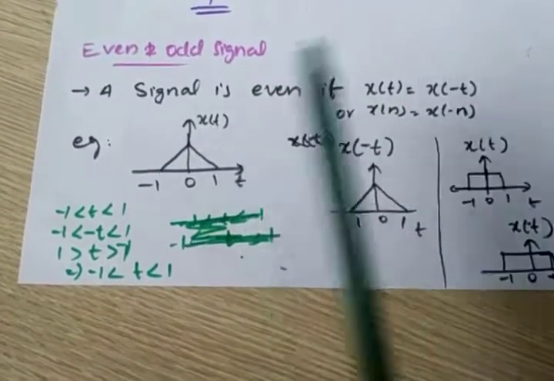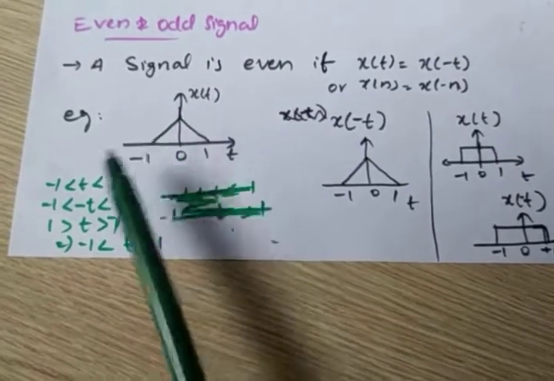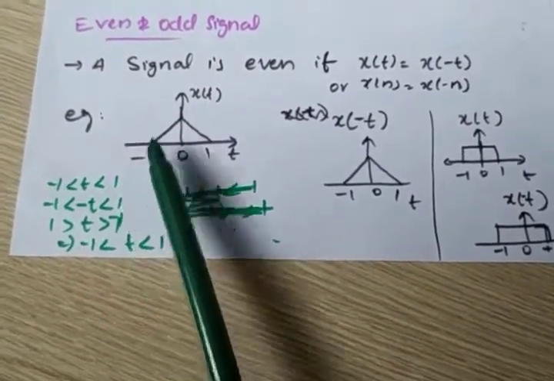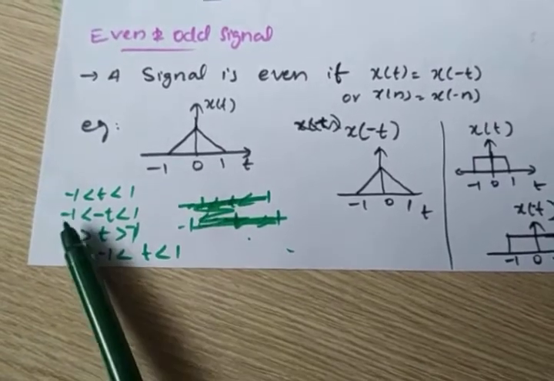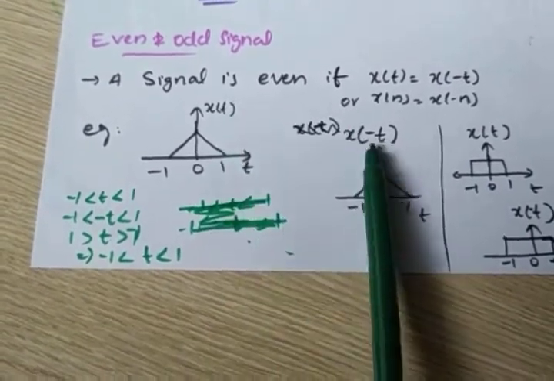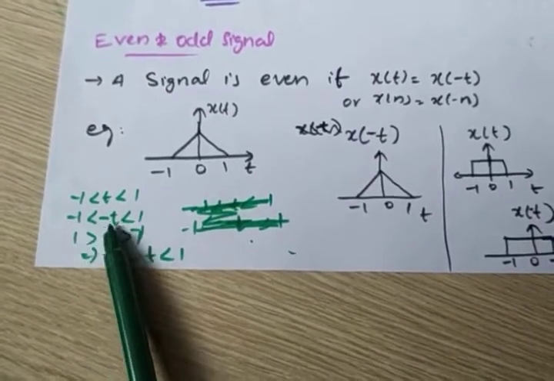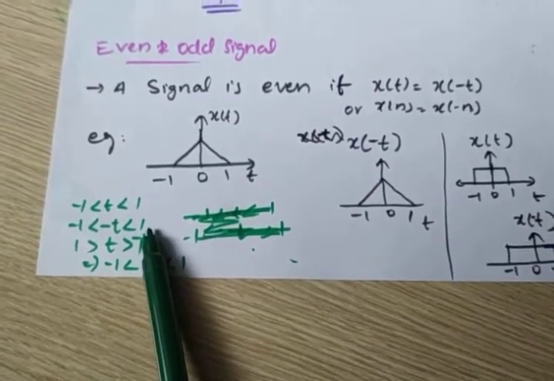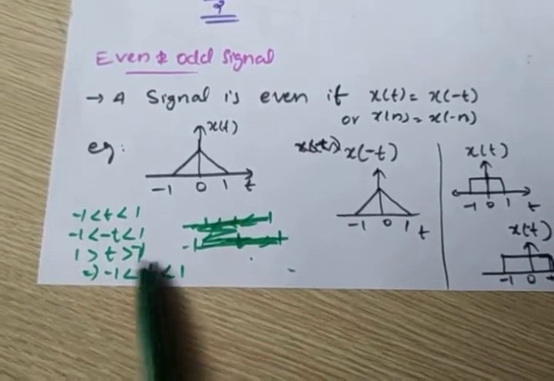For example, to make things clear, I'll show. X of t is defined for -1 to 1, and look here. Here I am changing t to minus t. So -1 less than minus t less than 1. To make it t, you have to multiply the entire expression by a minus.